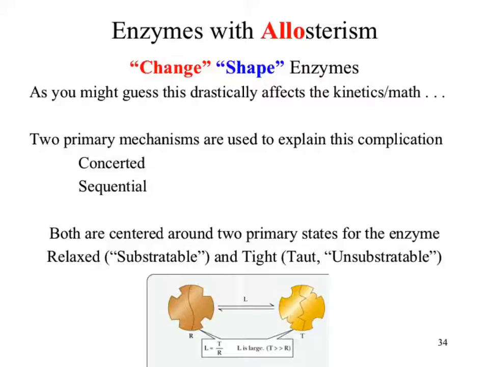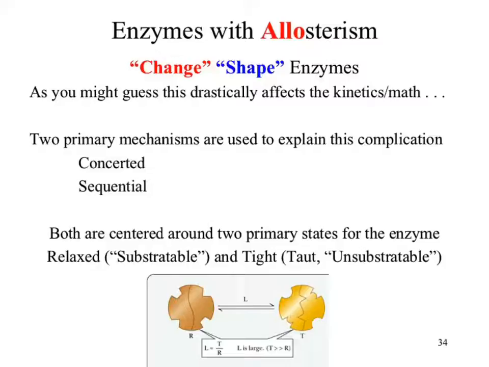Both mechanisms then need to get centered around some kind of understanding, and that's what we're looking at with these 2 images. You'll notice that they've got that little squiggle through the middle of it. We're looking at 2 halves. Why would we have 2 halves? We have 2 active sites.